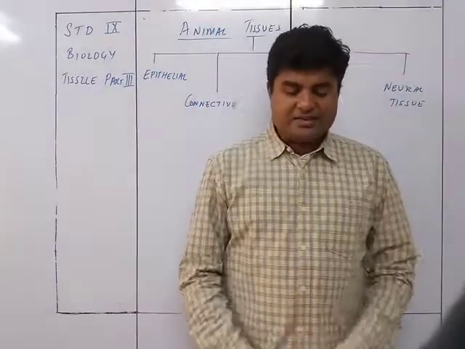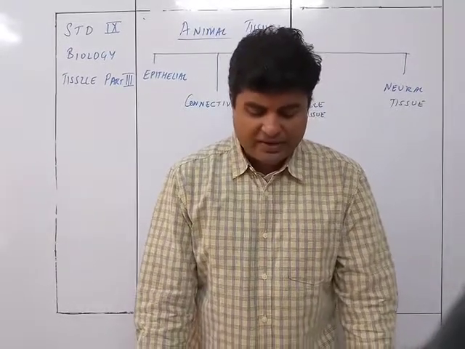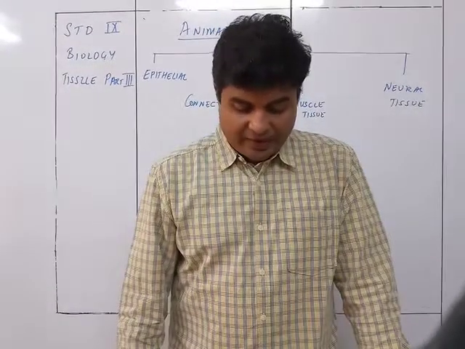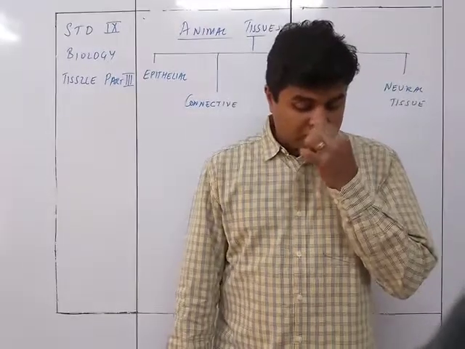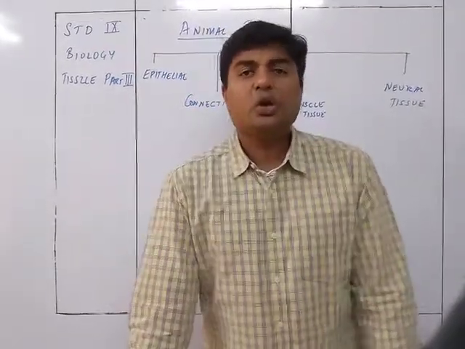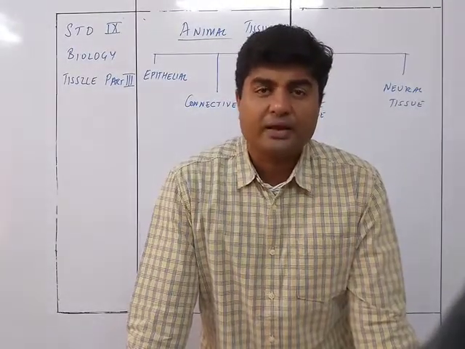The location: it covers the surface of the body and lines the various body cavities and internal organs, including the blood vessels. For example, the outermost layer of the skin and the inner lining of the mouth, nose, lungs, stomach, etc. So location wise, we can say that epithelial tissues are there.